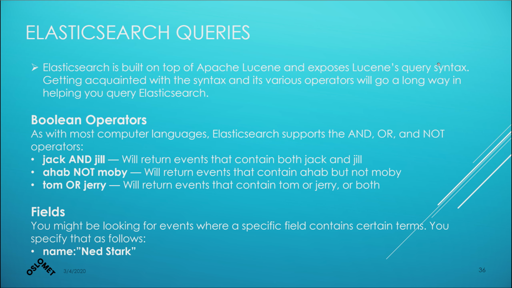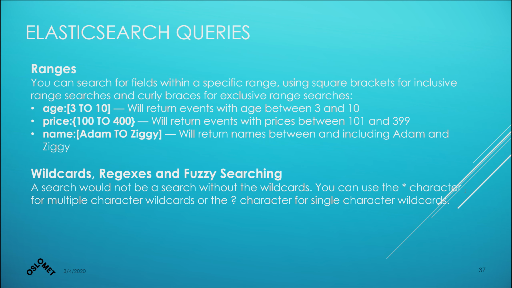For example, Boolean operators are standard expressions you can have in query languages. Then you have fields, of course. You can check fields by name, address, etc. You know what it means, so this is a common thing.